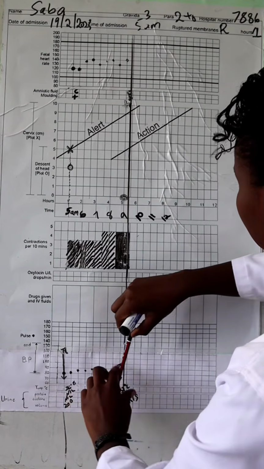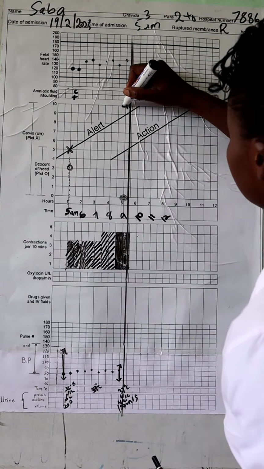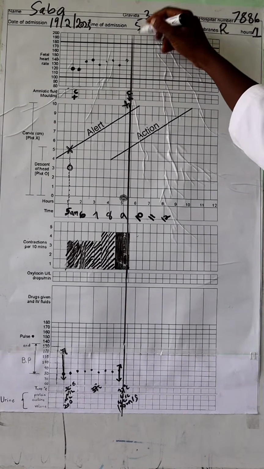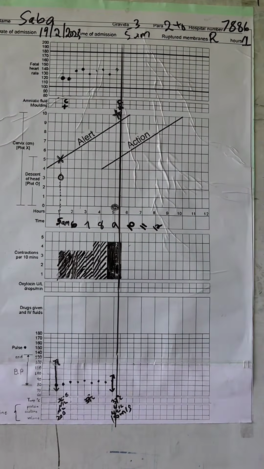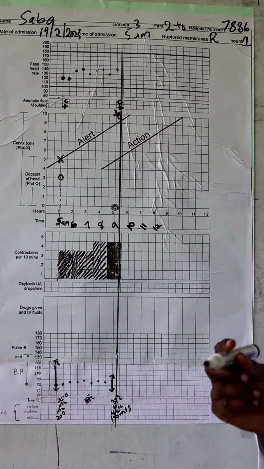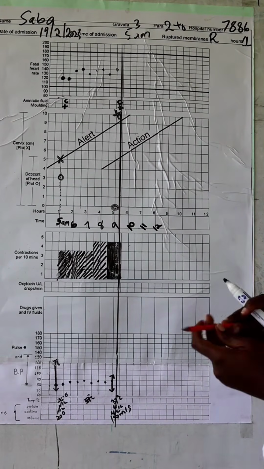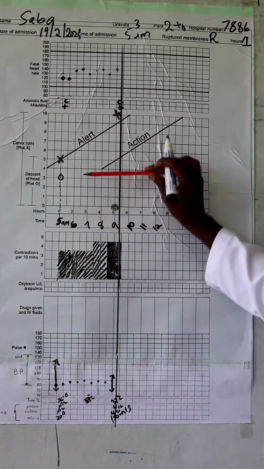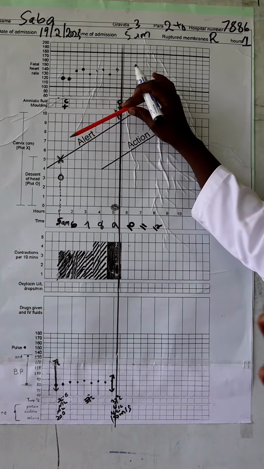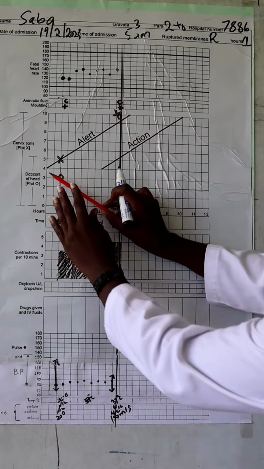So once you finish monitoring your client, then you need to put a line to complete the partogram. One more thing we need to do before we finalize this is to join all the descents we have and all the cervical dilatations we have to form a shape that looks like a trapezium.